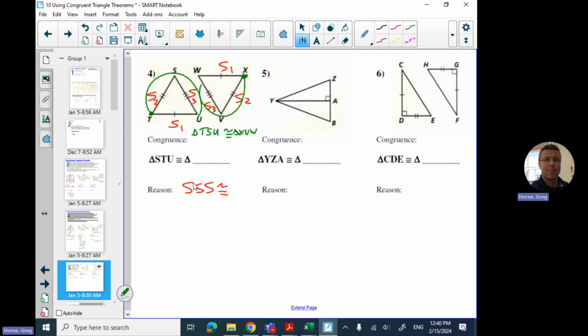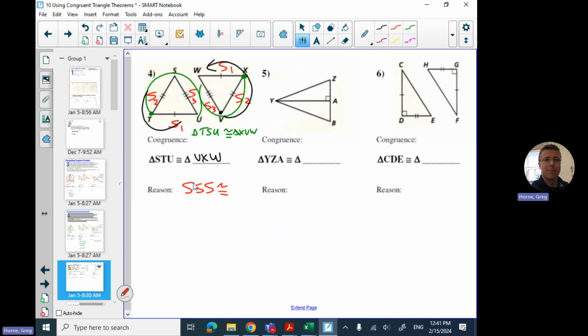They started with STU. So let's do the STU version, and it would have been starting at the 2 and the 3 and going the other way, towards the 1, 2. You can tell that would be VXW. Right? So those are congruent.